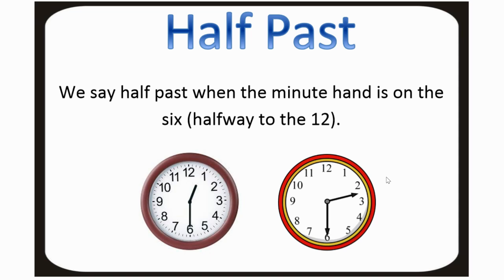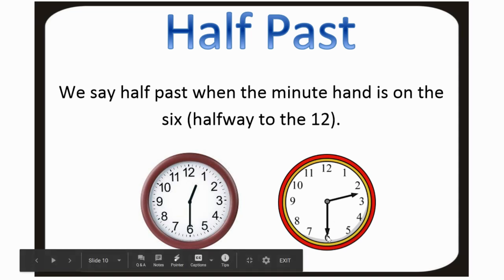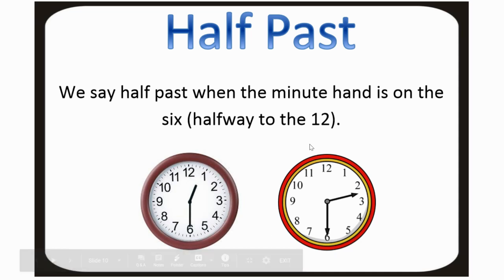So when we say half past, the minute hand is on the 6, okay? And when we say half past and the minute hand's on the 6, I want you to remember something important. When the minute hand is on the 6, the hour hand is going to be in between the 2 hours.